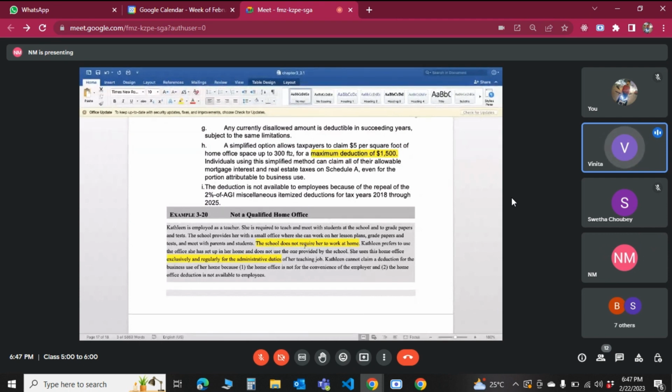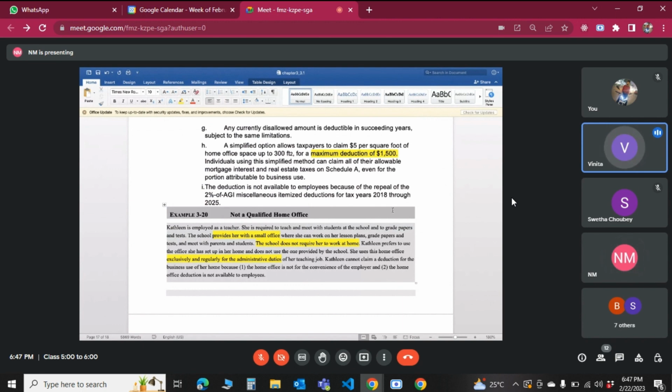The school provides her with a small office where she can work on her lesson plans, grade papers, and tests, and meet with parents and students. The school does not require her to work at home. Kathleen prefers to use the office she has set up in her home and does not use the one provided by the school. She uses this home office exclusively and regularly for the administrative duties of her teaching job.